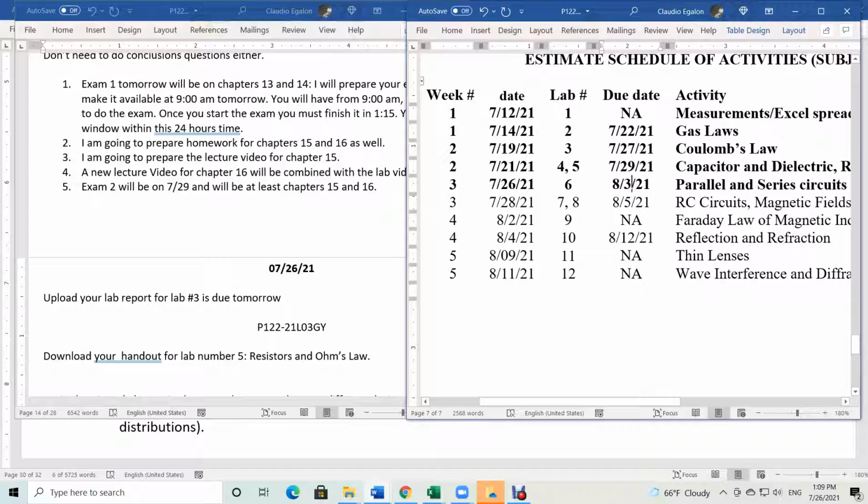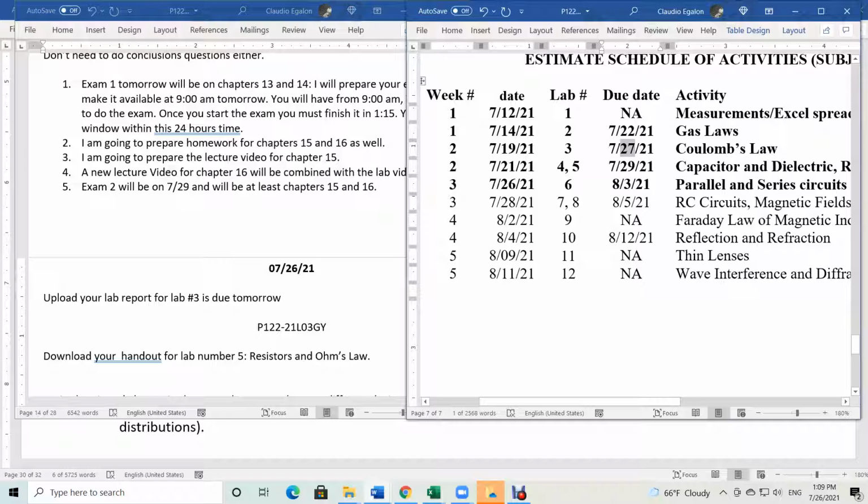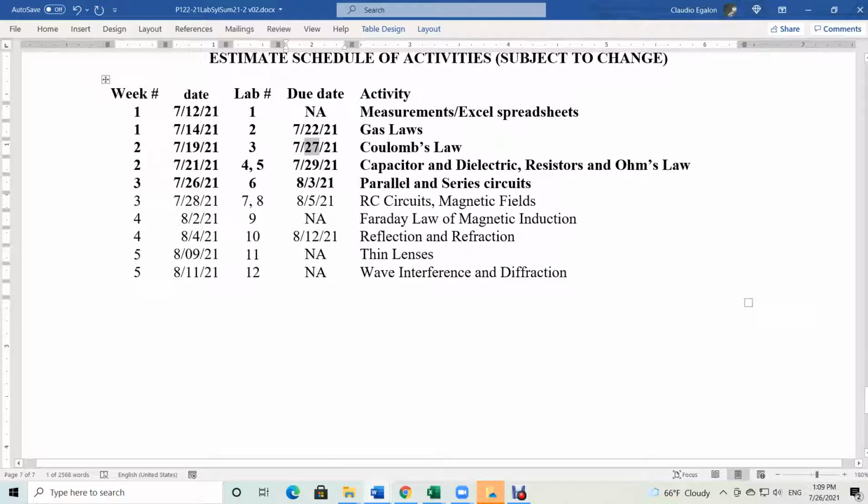Lab number 3, Coulomb's law, is due tomorrow on the 27th. We are going to do, let's see, oh, it's lab number 6, not, wait a minute. I'm sorry, it's going to be this one here.